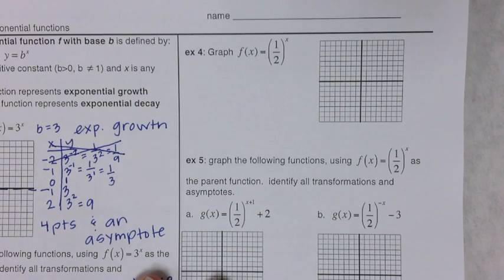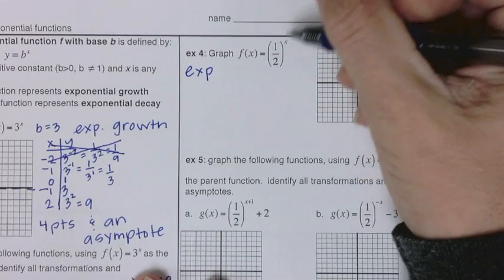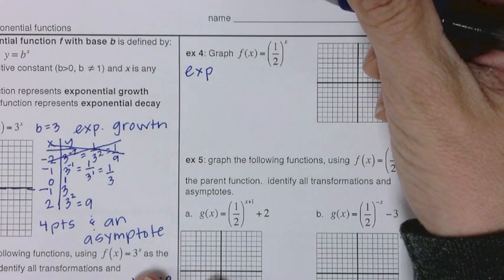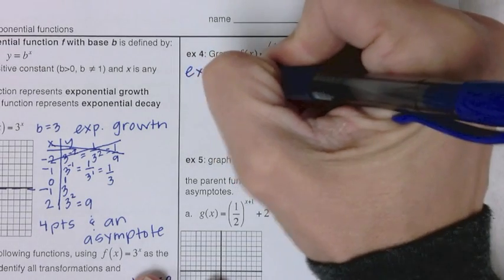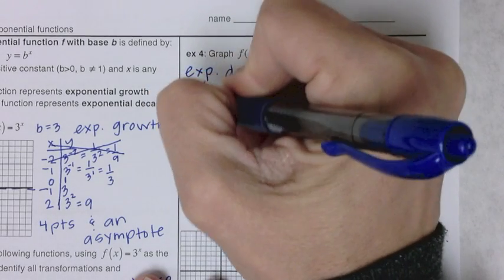And I know this is exponential decay because the base is a proper fraction, meaning it's less than 1 but greater than 0. So same thing, you need to make a table for it.